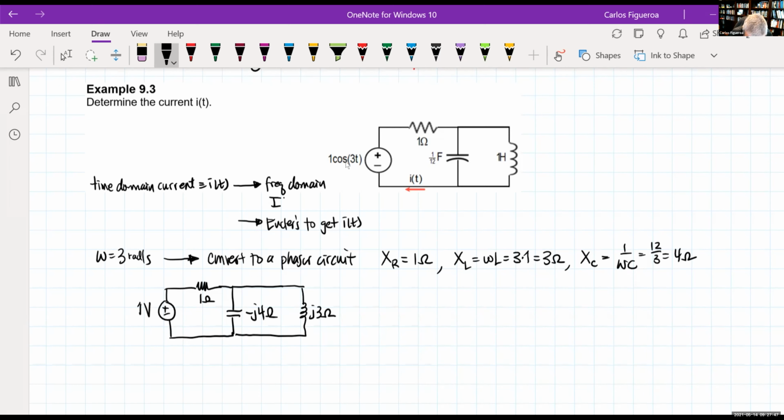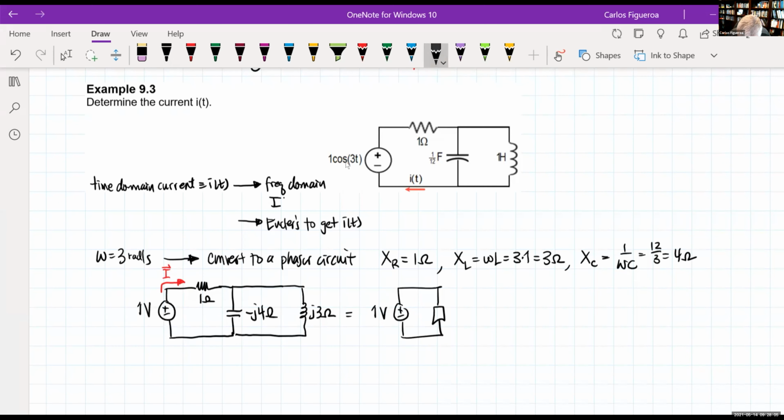So if I want this current, I'm really calculating this current right here. I want this phasor current. What I'm going to do is rewrite this circuit to read like this.